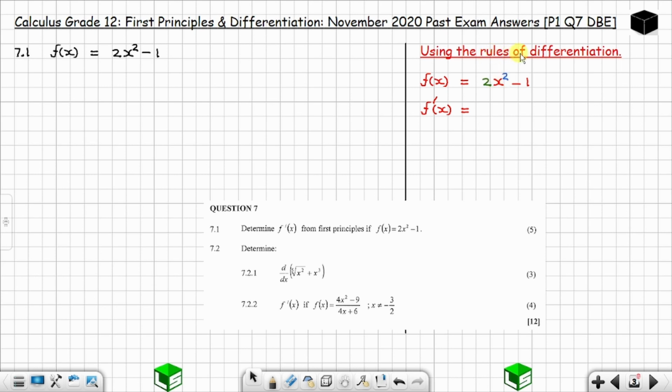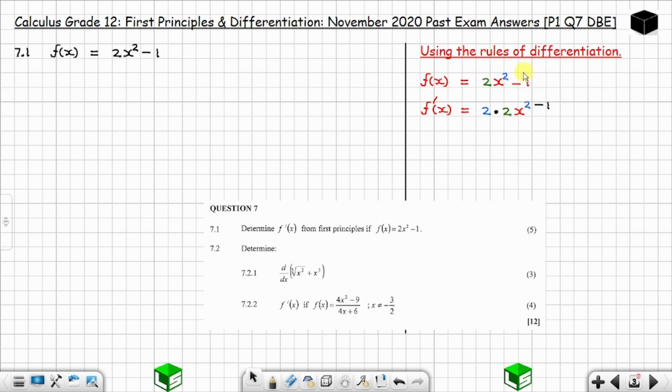Then x to the power of 2 minus 1. So you subtract 1 from the exponent. And then you have negative 1.